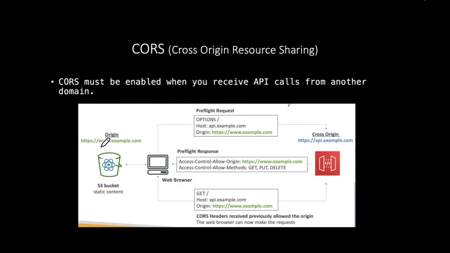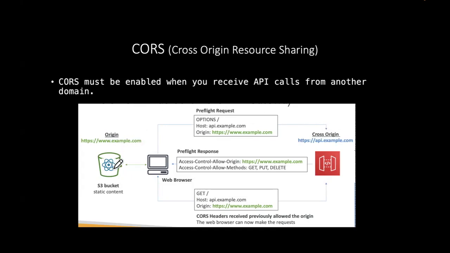And so if the domain name is www.example.com as opposed to api.example.com, there are two different domains.